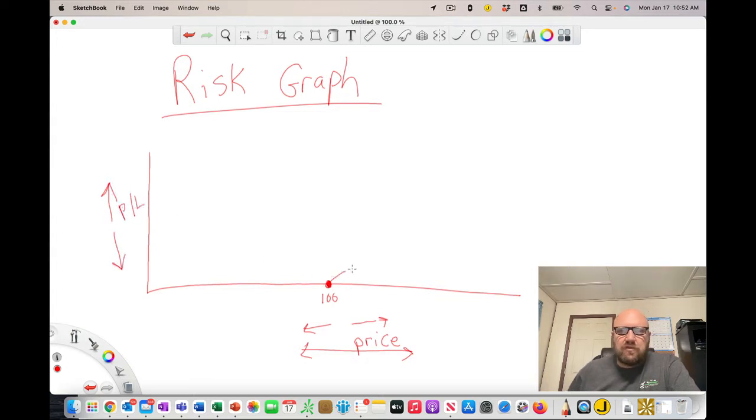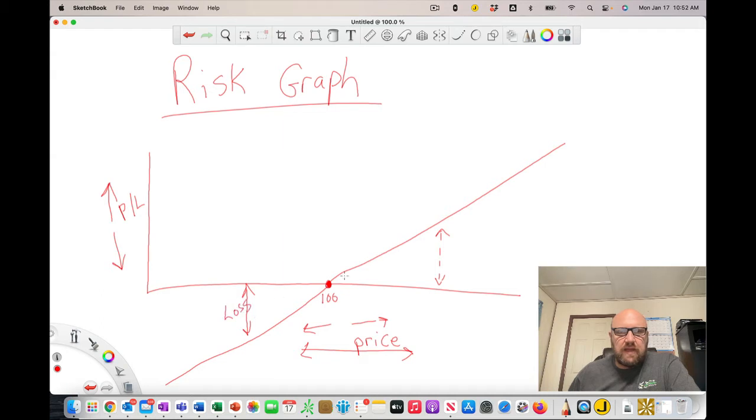So if we own stock, basically it looks just like this. It's just a straight line up and down. If the price goes up, we have a profit. Okay? If the price goes down, we have a loss. Okay? Over here we have a profit.